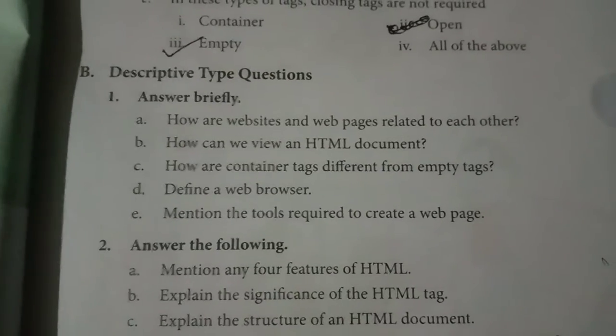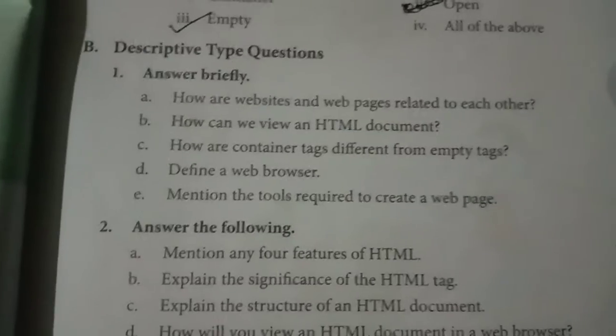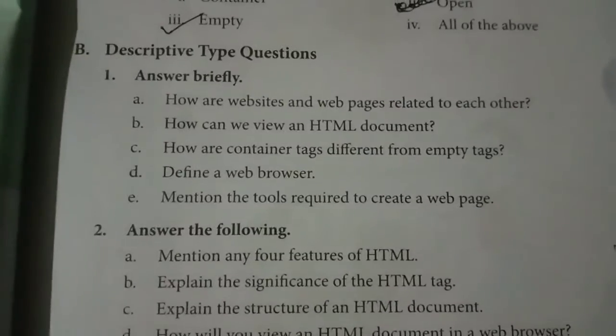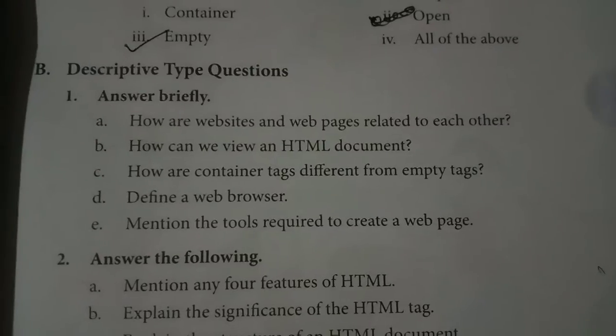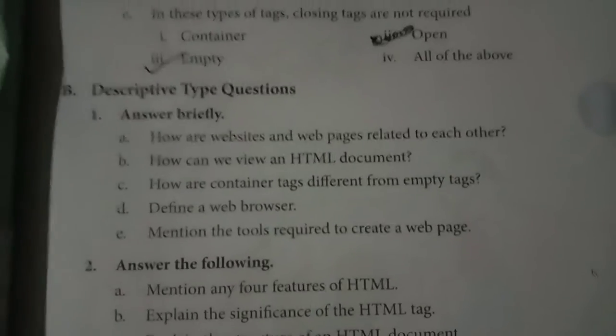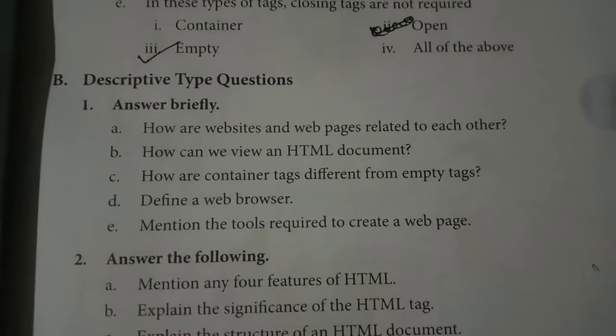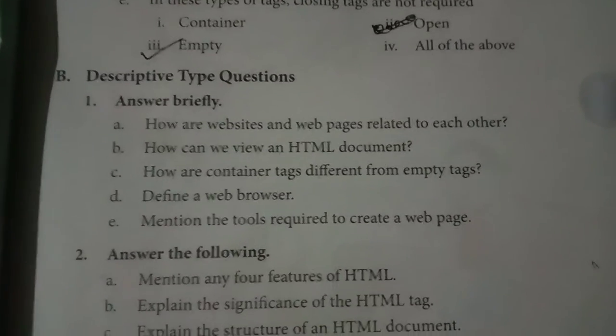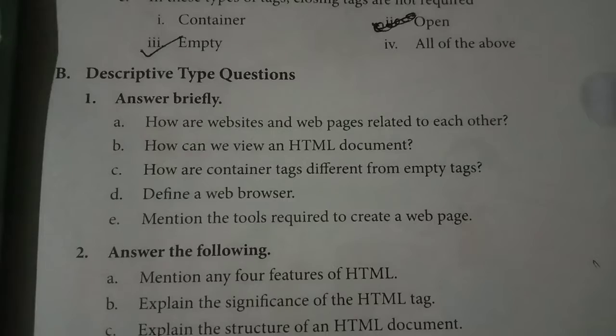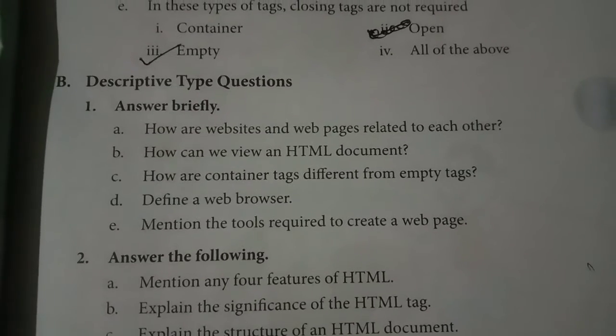Then the second one: how can we view an HTML document? The process of viewing an HTML document is, when a file is saved as HTML, it automatically stores itself in the web page format.